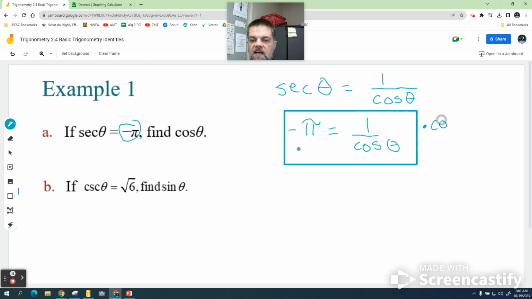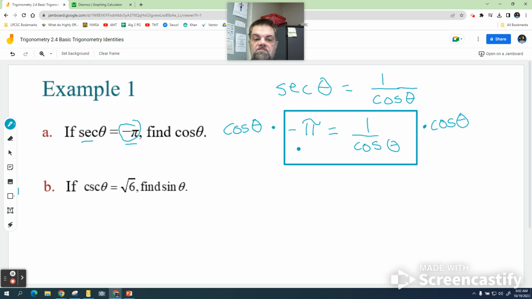So I'm going to multiply this by cosine of theta. And whatever I do on one side of the equation, I got to do on the other. So cosine of theta is a number when you think about it, right? Whatever theta is, I don't know what theta is, but it represents two sides of a triangle that we know exists because they gave us a value for secant.